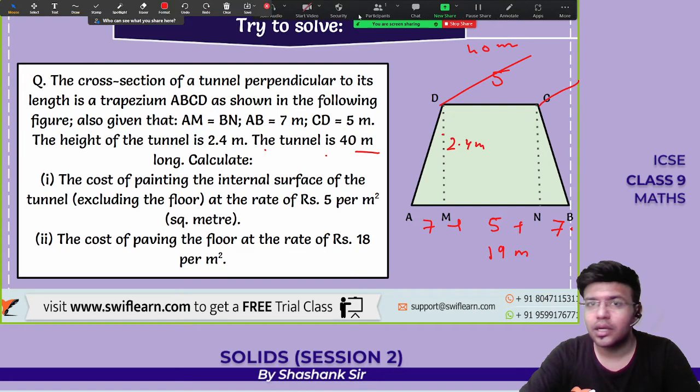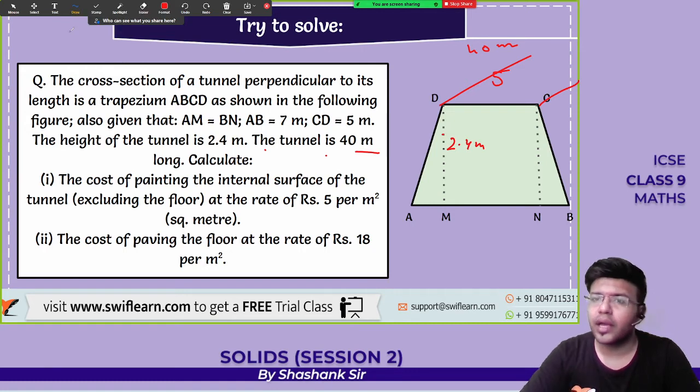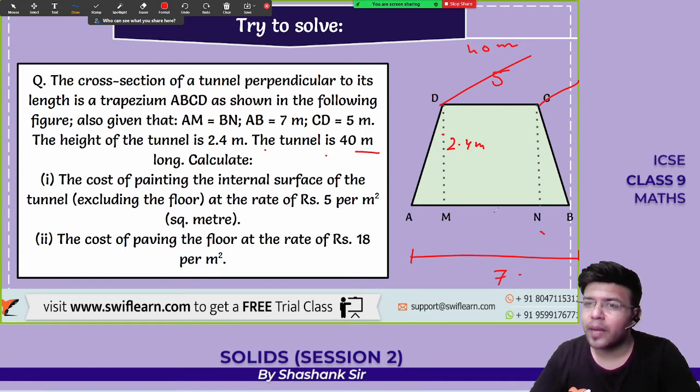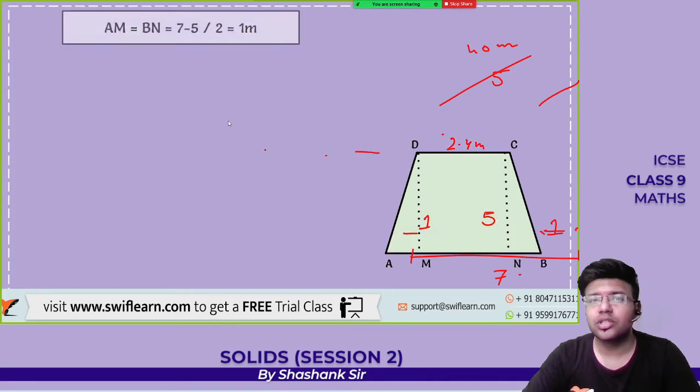Sorry guys. AM and BN are equal, AB is 7 meters, and MN is 5 meters. These two are equal, so the remaining is 2 meters. So this is 1 meter, and this is also 1 meter. So this concept is clear.